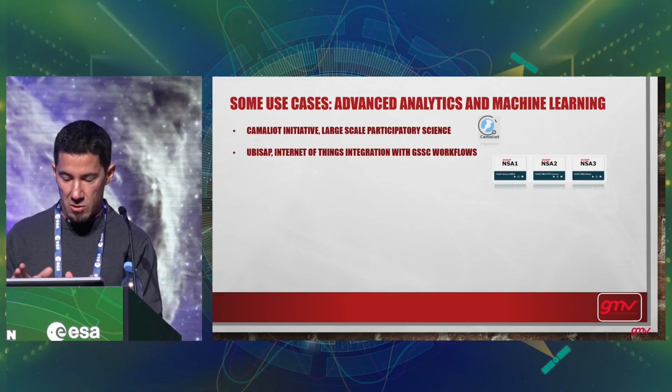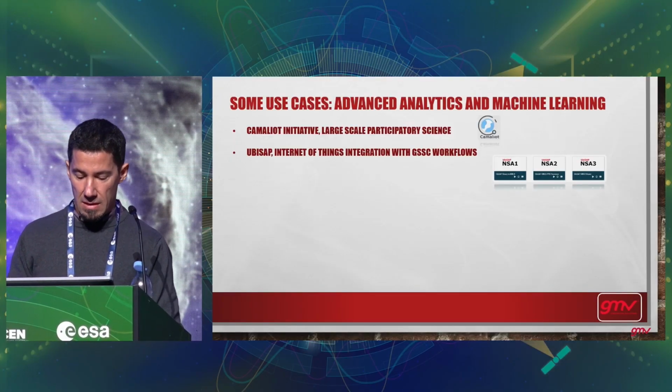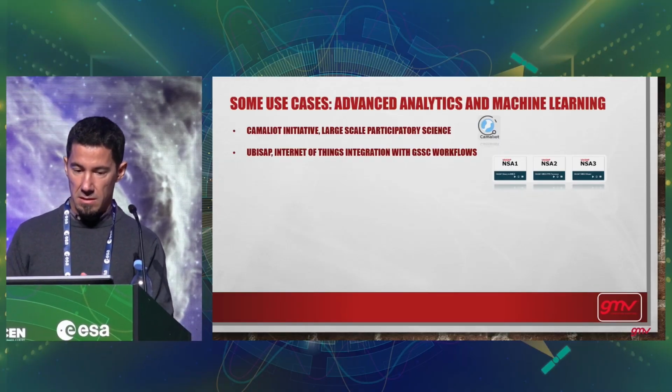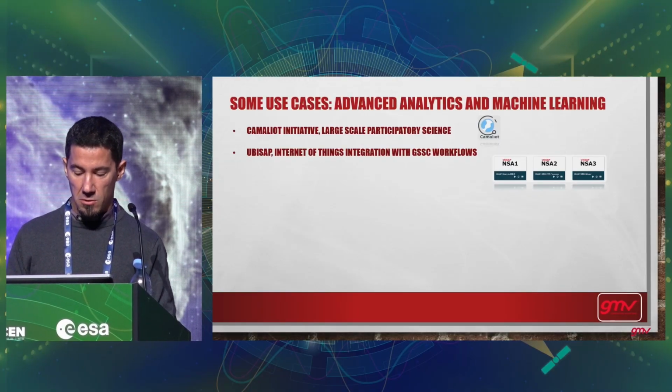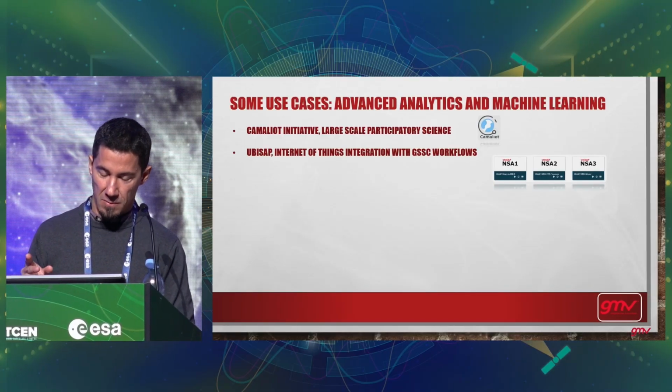And now let me tell you about a pair of use cases, just to show you how, through data labs, the GSSC now supports advanced analytics designed for machine learning, citizen science, Internet of Things-based applications, and also large-scale participatory science.